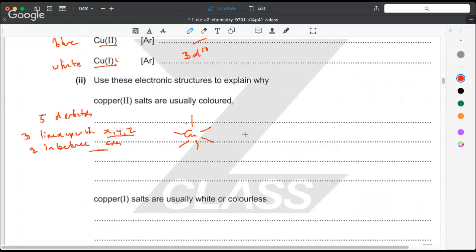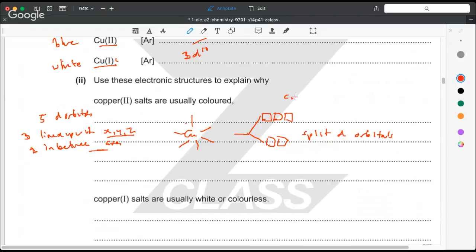And so what happens is that 3 of the d orbitals get pushed to a slightly higher energy than the other 2 d orbitals. And so you get a splitting of d orbitals.